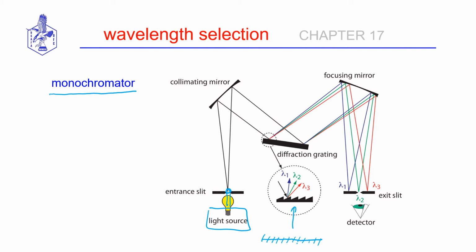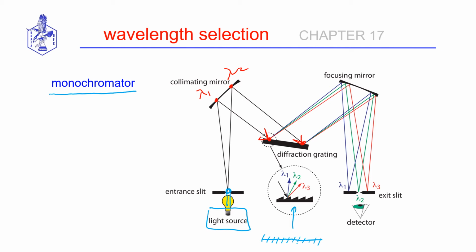So the range of wavelengths will contact this mirror. This wavelength's over here, this wavelength's over there. It bounces off the mirror and gets focused onto the diffraction grating at this point and this point.